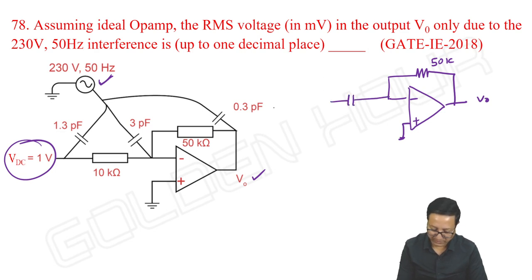I am directly writing here this 3 picofarad is present, and that is going to our AC source. Let me write this as Vs. Next, from the inverting terminal, as the DC source is 0, it should go to ground. This 10K is going to ground, and from the source, one more 1.3 picofarads is also going to ground.